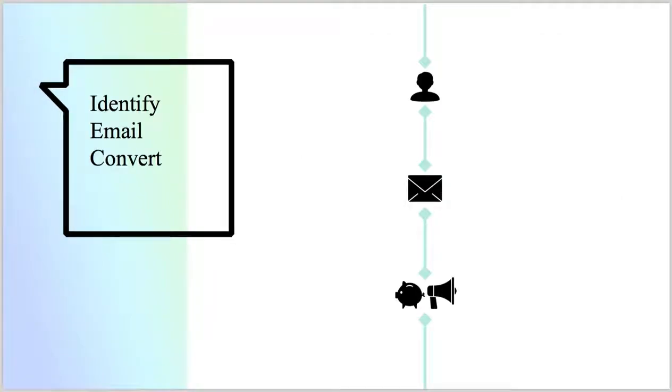The idea here is that we're going to identify our audience. This is a special audience of people who we're targeting. We set up the emails that audience is going to receive, and we set up a goal to convert them, whether it's making a donation, maybe updating a donation, or taking some kind of an advocacy action. The idea here is identify, email, and then convert.